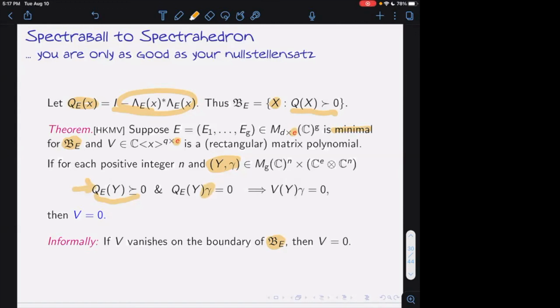So you take this pair Y, gamma: Y is in the boundary, and gamma certifies it's in the boundary. Then what should happen is that B of Y applied to gamma should be 0 as well. That would be one way of saying that B vanishes on the boundary of the spectral ball BE. If that happens, then B is 0. So this is some sort of Nullstellensatz, and it's certainly natural from the point of view that an analytic function which vanishes on the boundary of a ball should be 0.